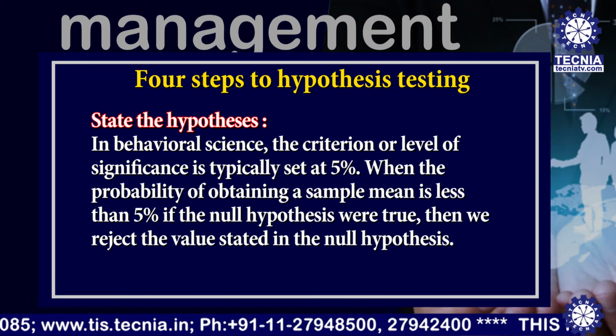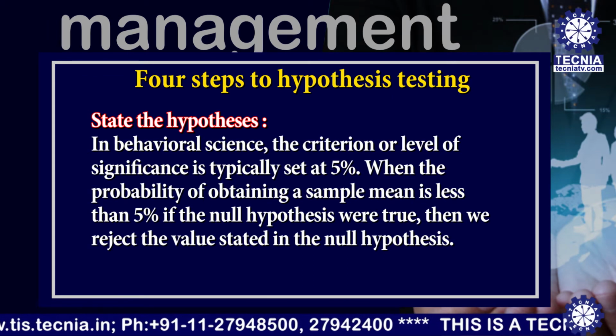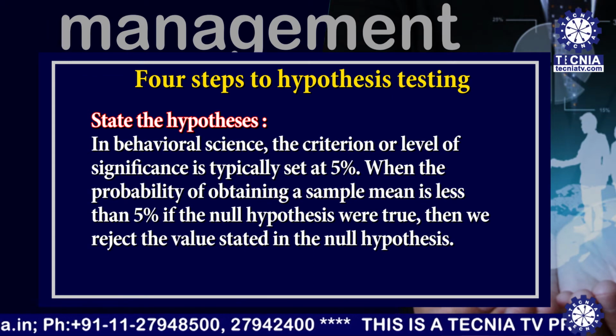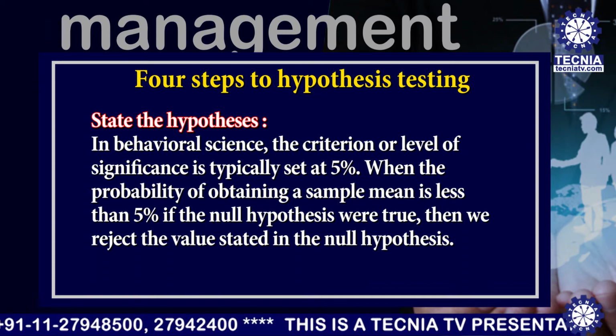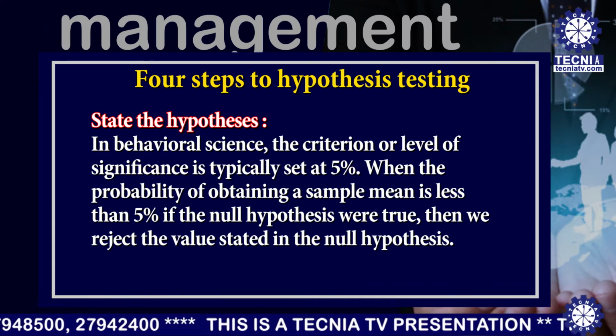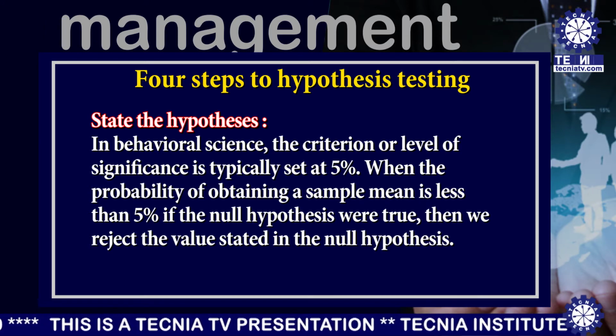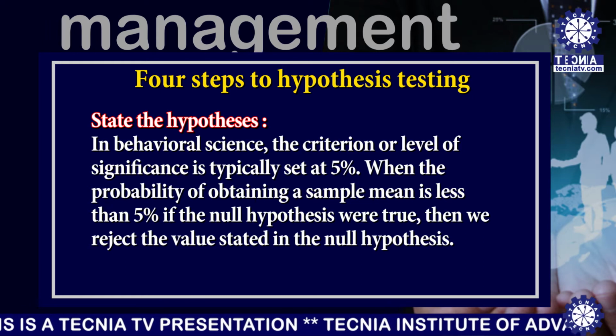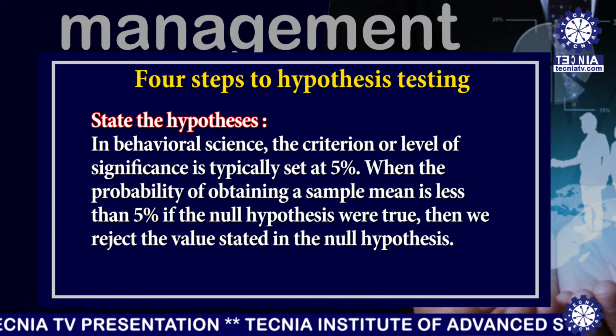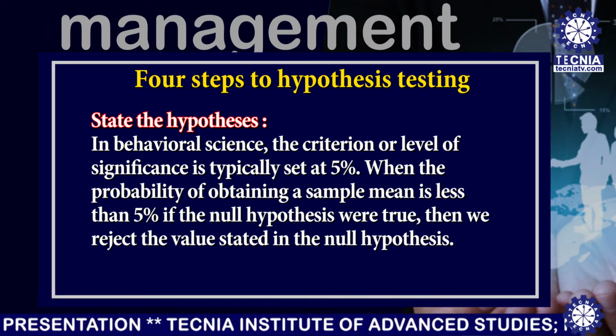In behavioral science, the criteria or level of significance is typically set at 5%. When the probability of obtaining a sample mean is less than 5%, if the null hypothesis were true, then we reject the value stated in the null hypothesis.